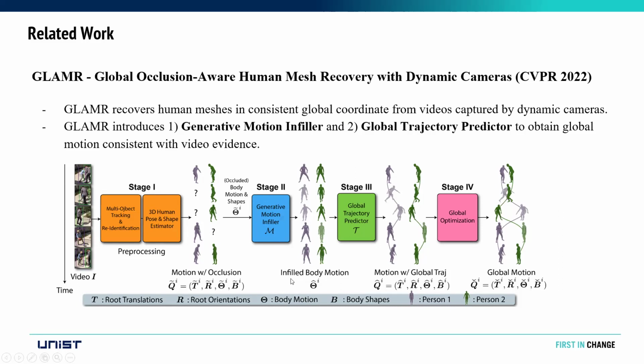This occlusion-free body motion is sent to the global trajectory predictor, which is used to create a global trajectory of the input body motion depending on the local pose parameters. At the last stage, they take the global trajectory and try to refine it and optimize the camera motion to match the input video evidence.